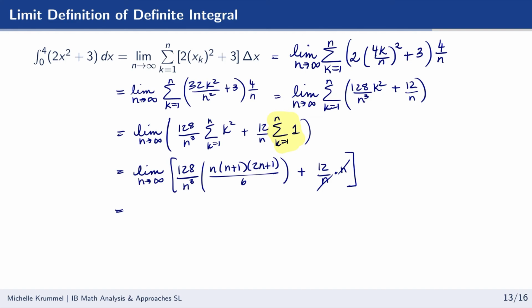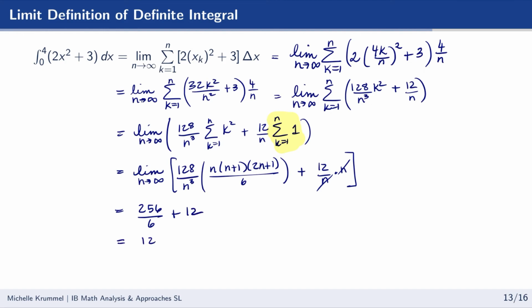So work out what that leading term would be in the numerator. It would be 128 times n times 2n. So 256 n cubed is the leading term in the numerator, and 6n cubed is the leading term in the denominator. So 256 over 6 plus 12.